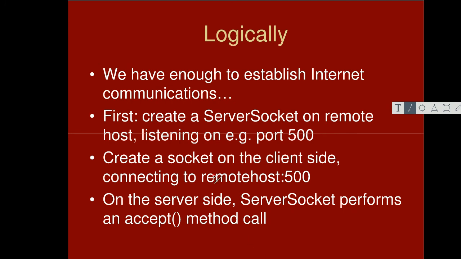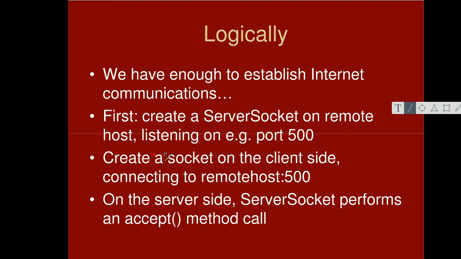So look, I've spent not more than about 20 minutes just talking to you about sockets and server sockets. But in that time, we've actually learned, believe it or not, how to establish internet communications using the protocol TCP. The steps are very straightforward. First, you create a server socket on a remote host, listening to a particular port.